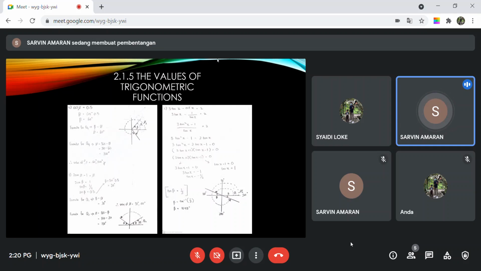Just like Shaidi told you before, the formulas of the reference angle in quadrant 1, quadrant 2, quadrant 3, and quadrant 4. Since it asks for cos, you need to find which quadrant cos is positive.